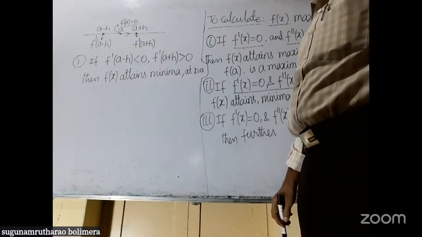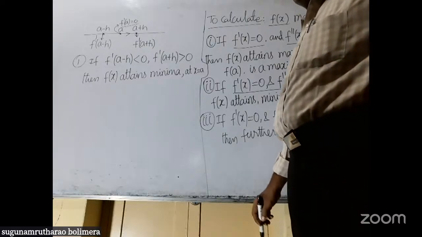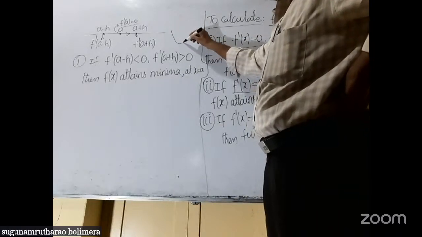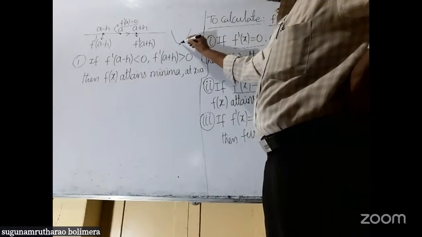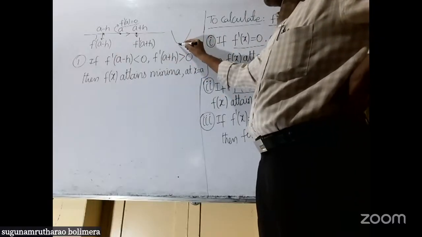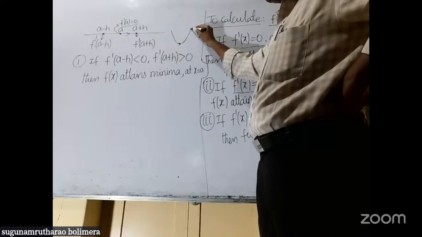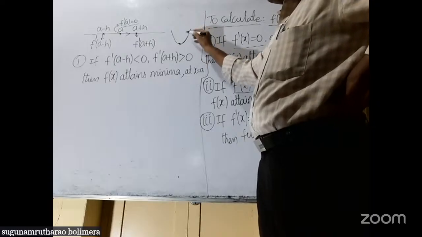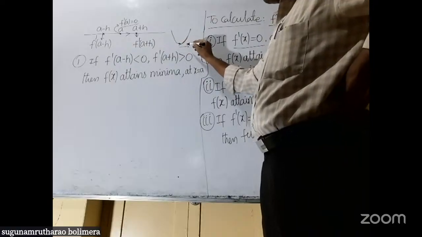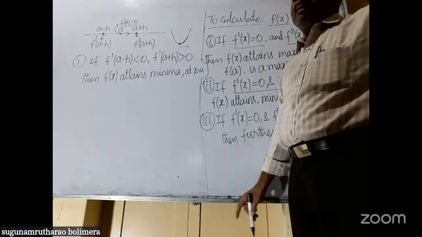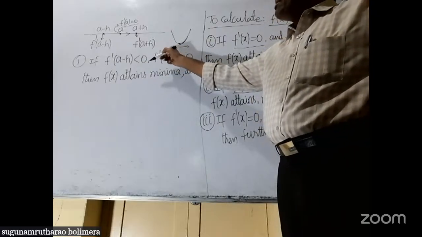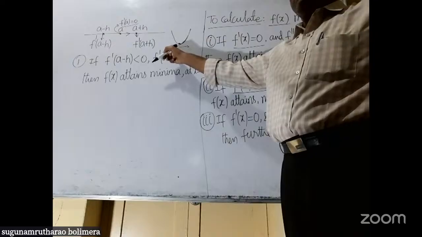How can you say that it is minima? For minima, you will have a graph like this. If it is changing from a lower, negative value to a positive value from left to right, this is the direction. The lower one will be f dash of a minus h, and the value will be negative.